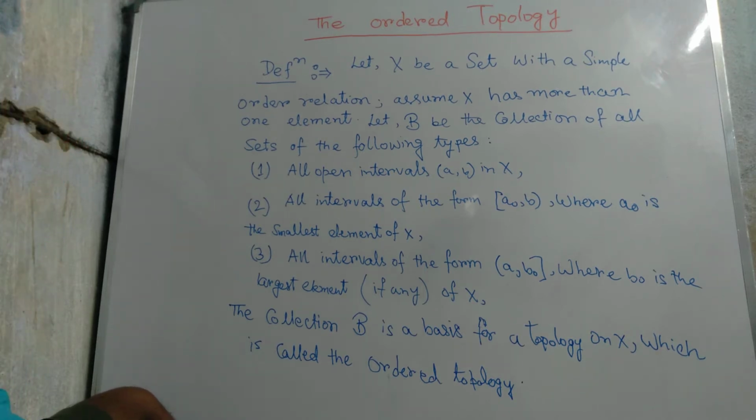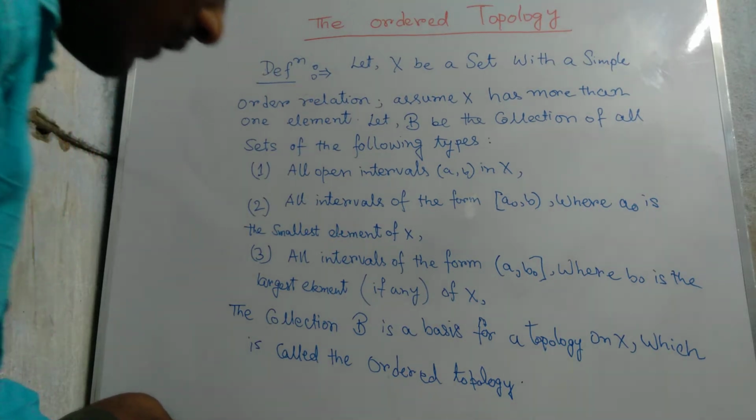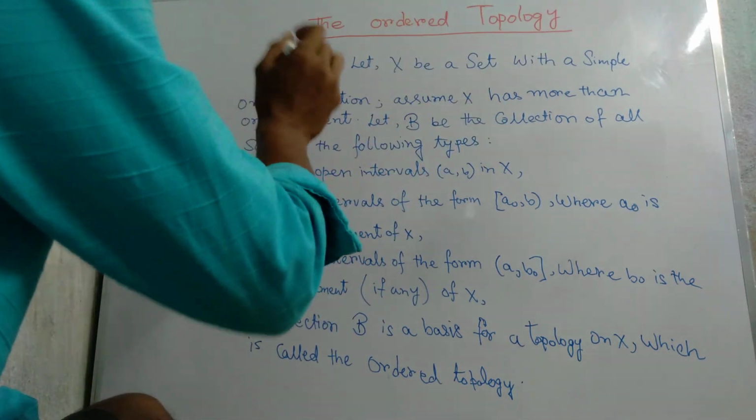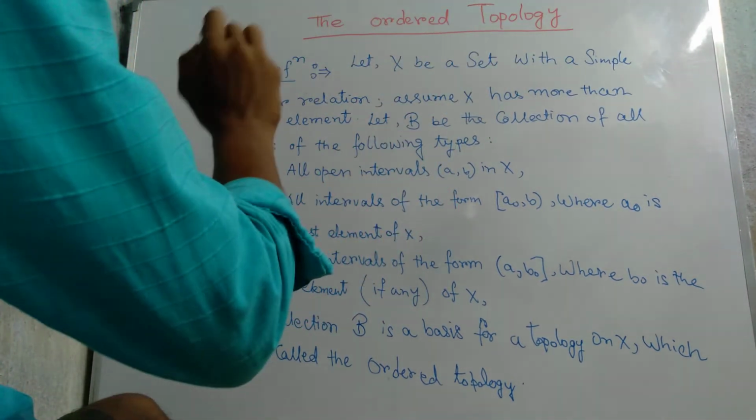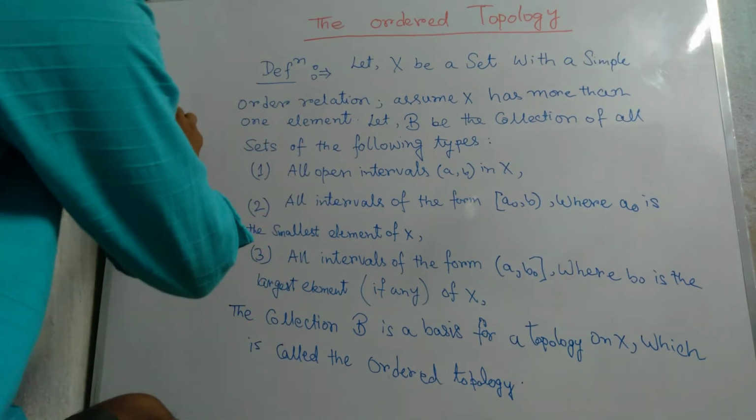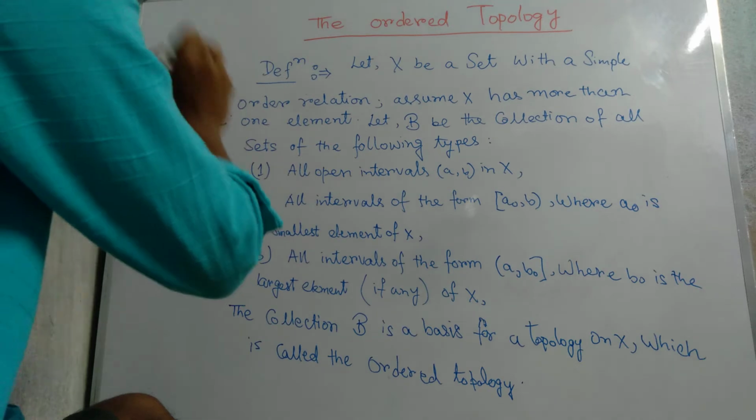A simple order relation means comparability: for X not equal to Y, either X is related to Y or Y is related to X holds; no reflexivity, that means X is not related to X; and transitivity holds, that means X related to Y and Y related to Z implies that X is related to Z. So X is a set with a simple order relation, and X has more than one element, that means the cardinality of X is greater than 1. Okay.